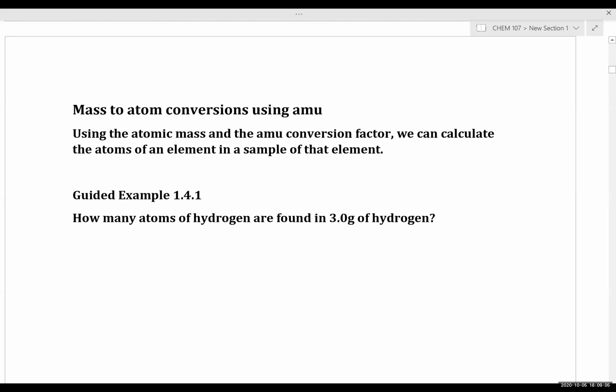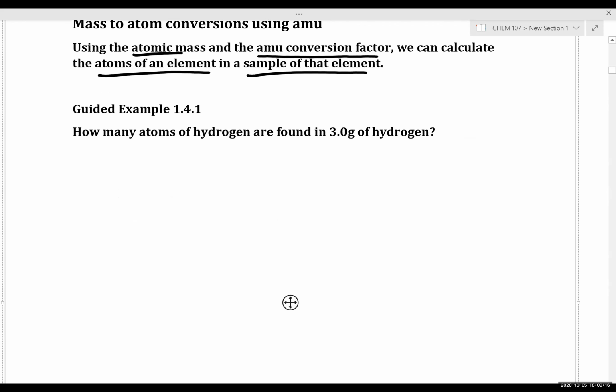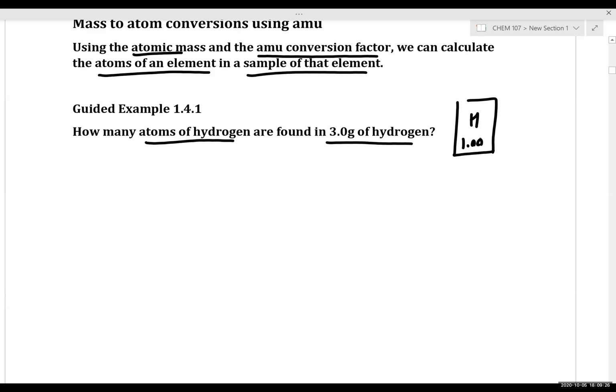Using the atomic mass and AMU conversion factor, we can calculate the atoms of an element in a sample of that element. For example, we're asked how many atoms of hydrogen are found in 3 grams of hydrogen, keeping in mind that hydrogen has an atomic mass of about 1 AMU.